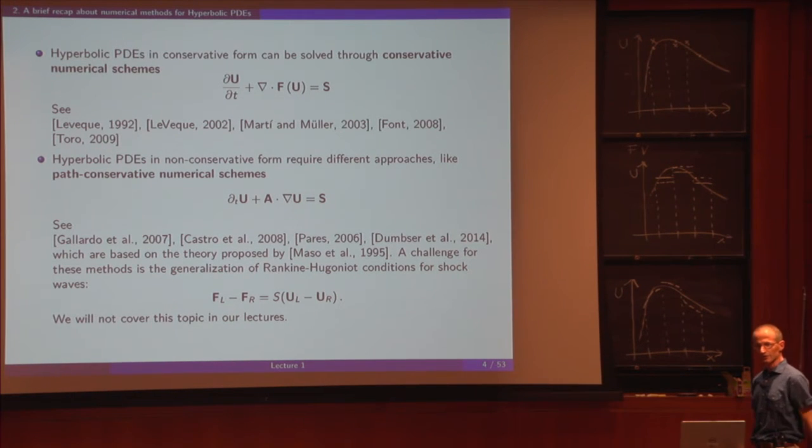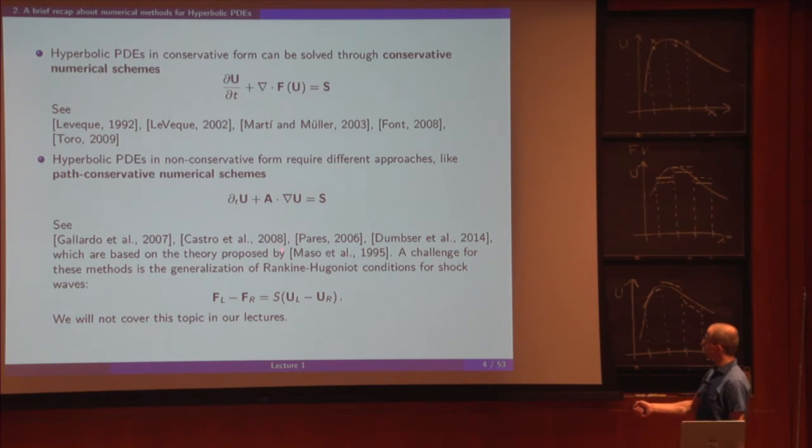It's a well-defined relation through which you can compute the relation through shocks, as you have seen last week for gas dynamics. But if you are starting from a system like this, how will you generalize the notion of the flux? It's not at all obvious.